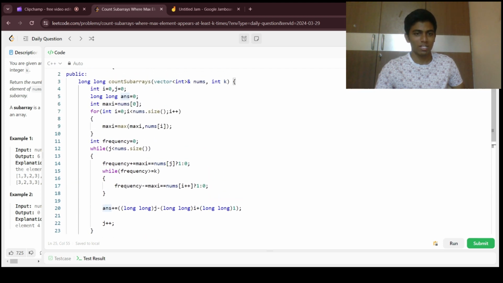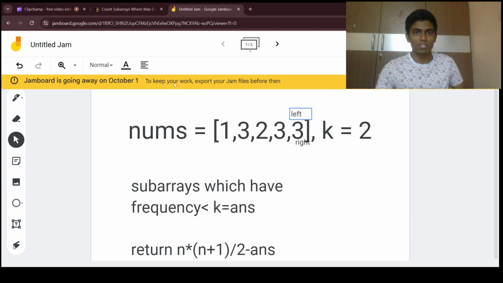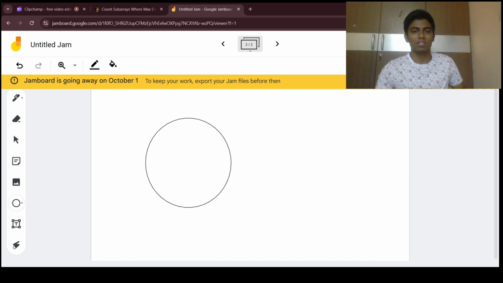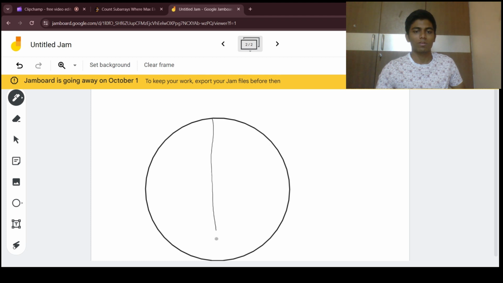Why? Because we are counting the windows where the frequency is less than k, so we remove those from the total. Let me show one example. Let us think this is the whole thing, and this part is k equal to some 3, this is k greater than 3, and this is k less than 3.